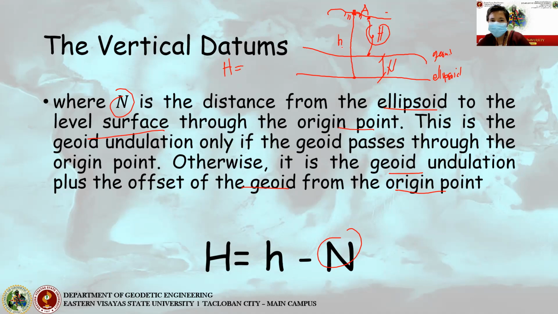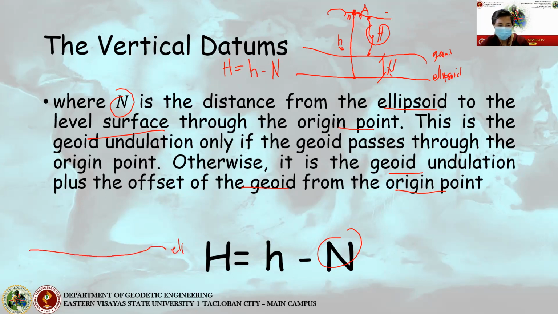This is just the difference between your small letter h and N. Your orthometric height is just the difference between your ellipsoidal height minus the geoidal undulation.